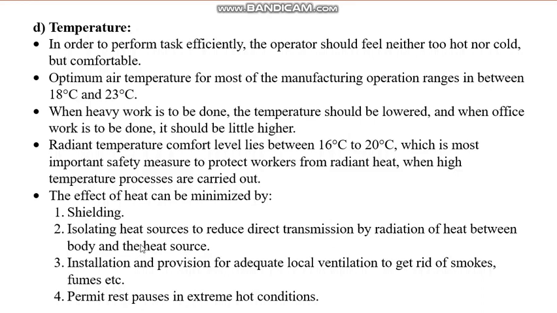That means the heat sources should be away, or isolated by building some wall or something like that, if you can. But if he has to go and work in that place only, we cannot avoid it.